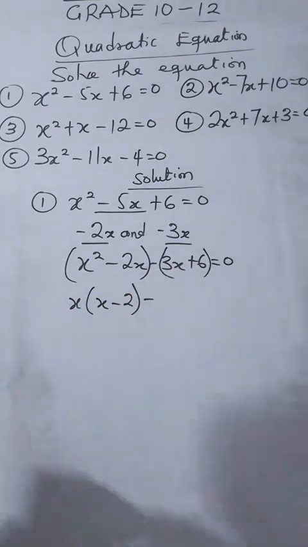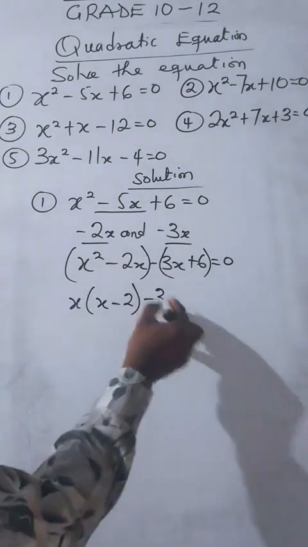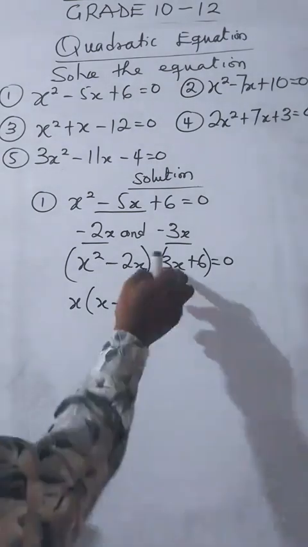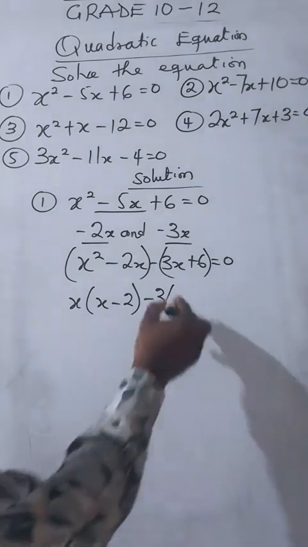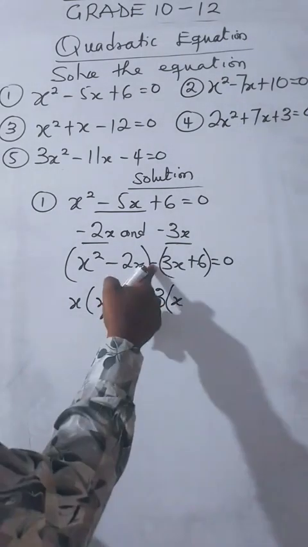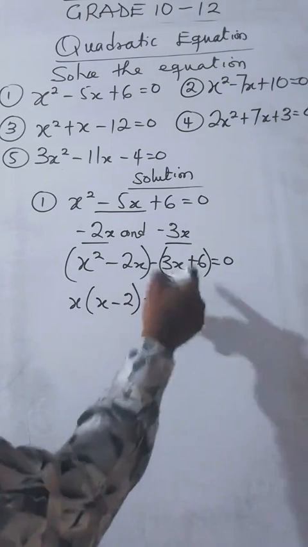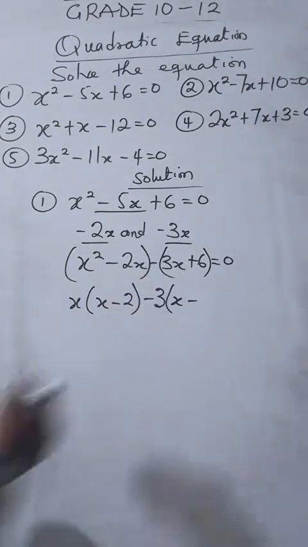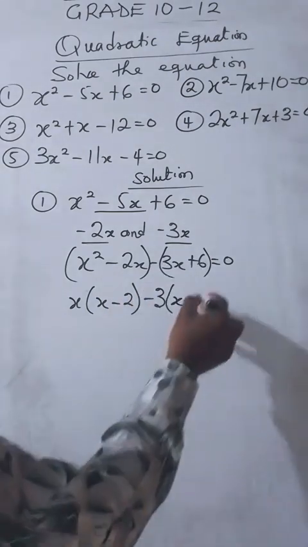Here the letters are not common, but the numbers have a highest common factor of 3 and 6, which is 3. If you factorize 3 out, on this side we are left with x. Positive by negative gives negative, so here will be negative. Then 3 into 6 is 2.